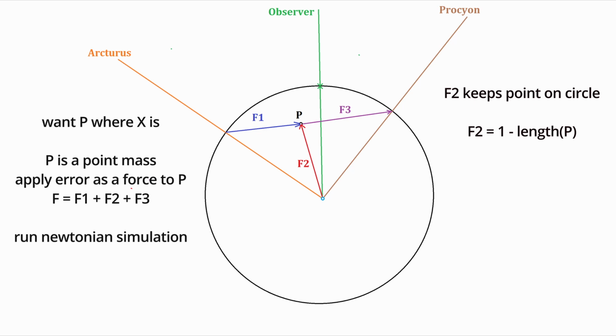One is the error of how far the point is from being on the unit circle. So we apply a force relative to how far it is from being on the unit circle. The error force applied to a star is a vector from the ground position to the point approximation of the observer, and the error amount is the difference between the angle it should be and the angle that the approximation is.